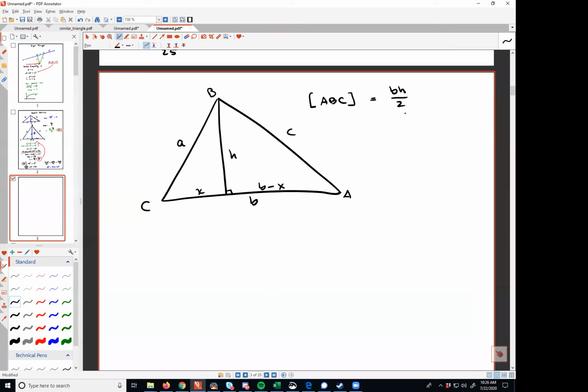And we want this, you know, perhaps in terms of things that are, I'll call it natural to the diagram, A, B, and C. So we want to see if we can find H and replace H in that formula. So we look at our right triangles and we say, okay, x squared plus h squared equals a squared. And then b minus x squared plus h squared equals c squared.